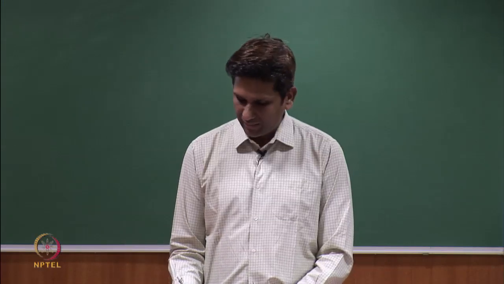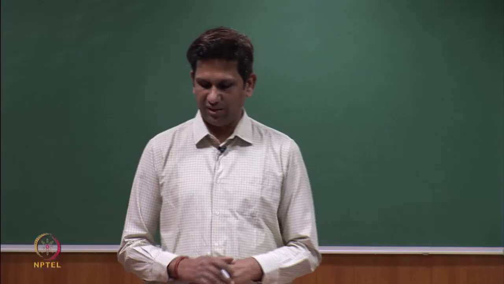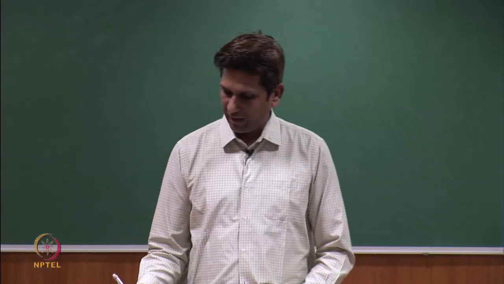So, if this is happening, I will say that the functions, for example y1(x) and y2(x), are linearly dependent. So, from here I can say that the functions y1 and y2 are linearly dependent.